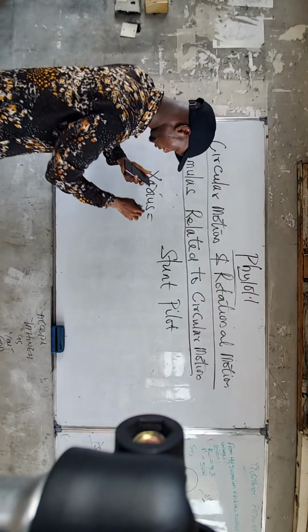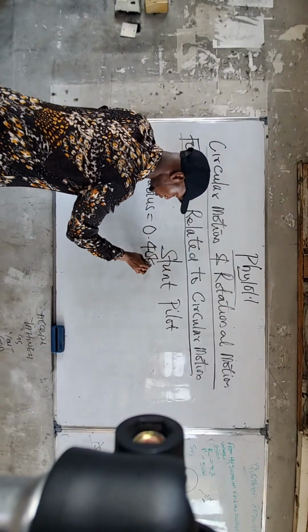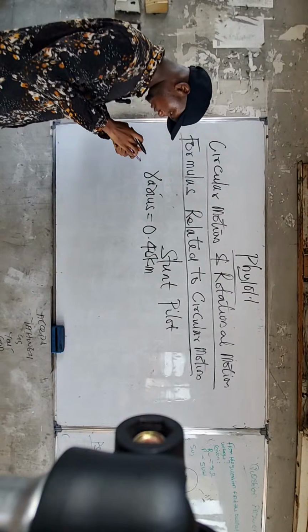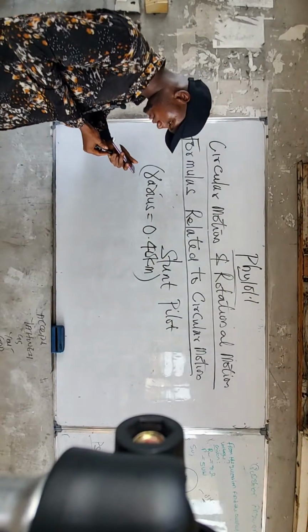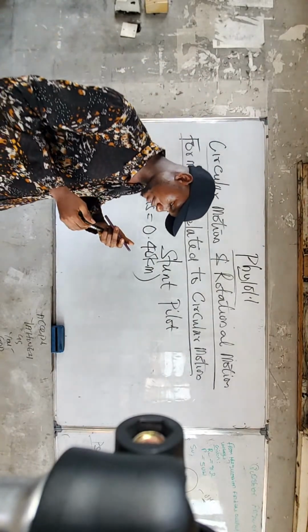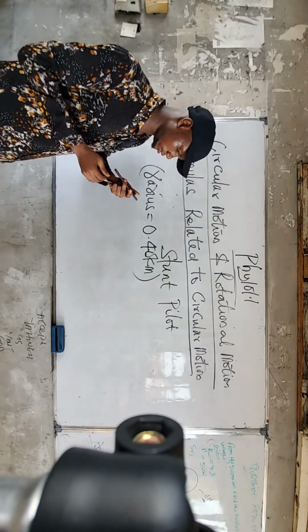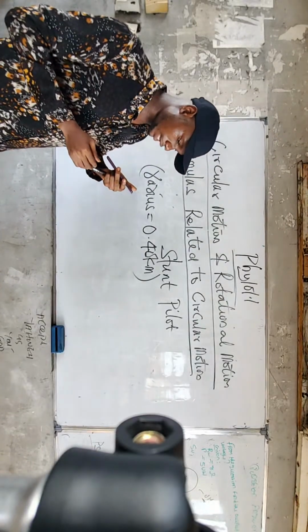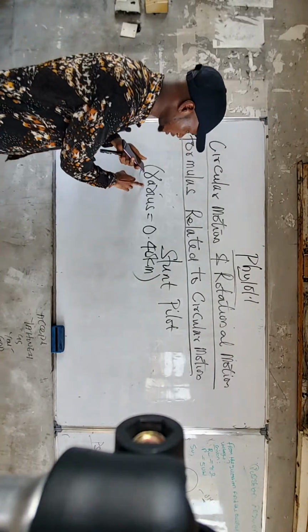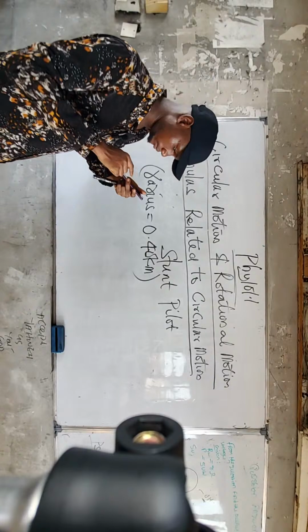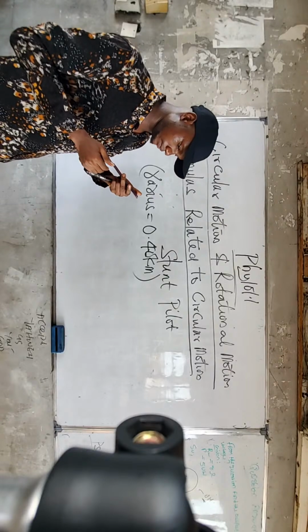As a stunt pilot flies a circular path, in bracket you write radius equal to 0.40 kilometer, which lies in a vertical plane.